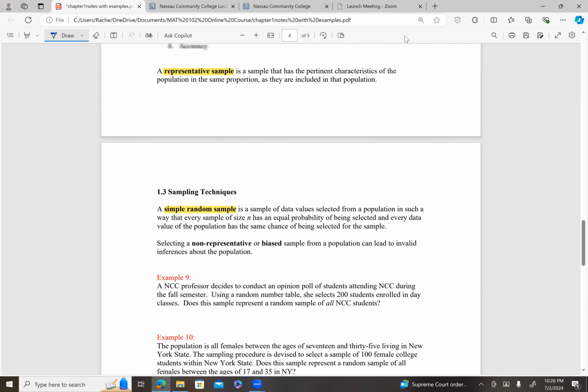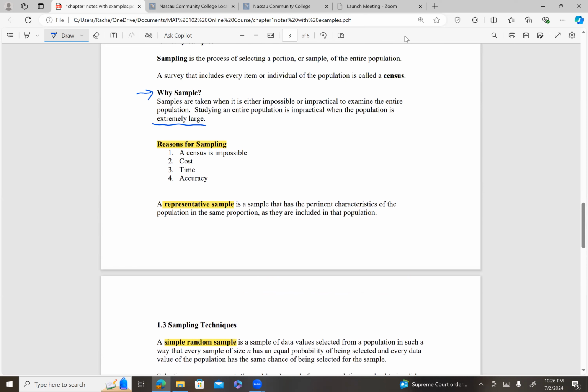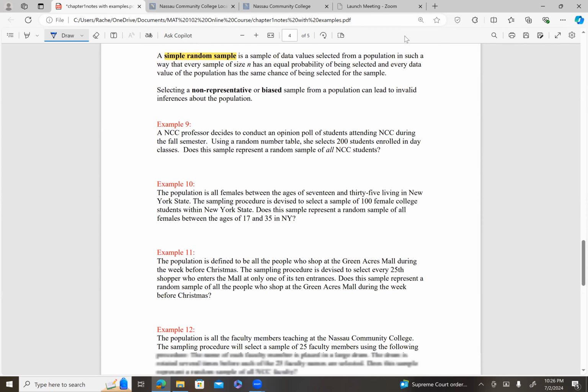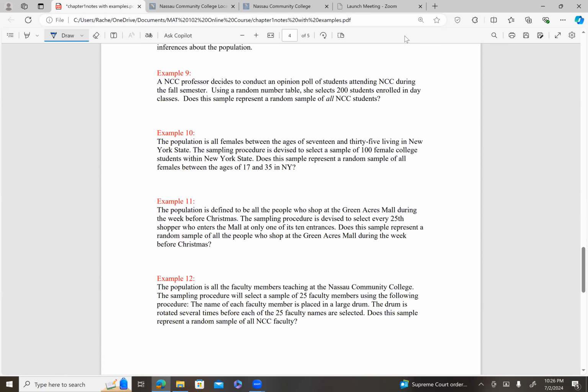So remember, we said that a representative sample has to have all the pertinent characteristics of the population in the same proportion as they are included in that population. So let's think realistically. If you're a student at NCC, maybe you take day classes, maybe you're a nighttime student, maybe you're an online student, maybe you take classes on the weekend, right? Those are different characteristics that a student may possess in the true population.